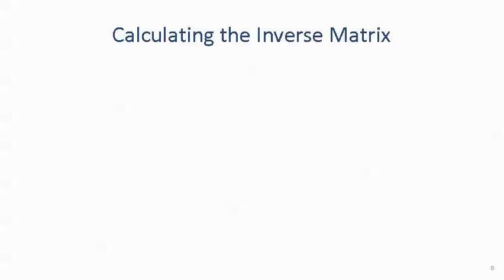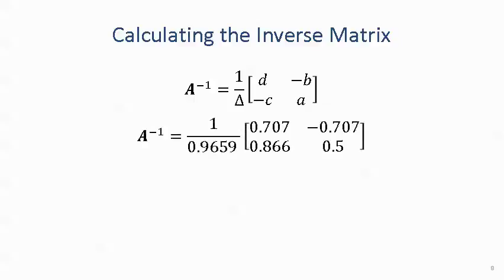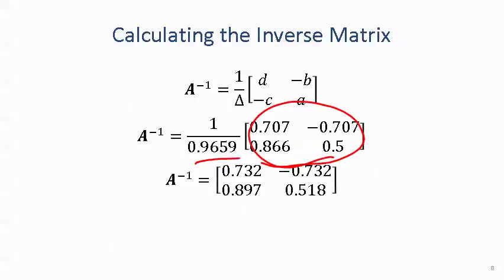Okay, let's finish the calculation. We know that the inverse is 1 over delta times the matrix D, minus B, minus C, A. Here are the numbers plugged in that we've already calculated, so that the inverse matrix is each of the matrix values divided by delta, and that works out to these values. So that is the value of A to the minus 1.